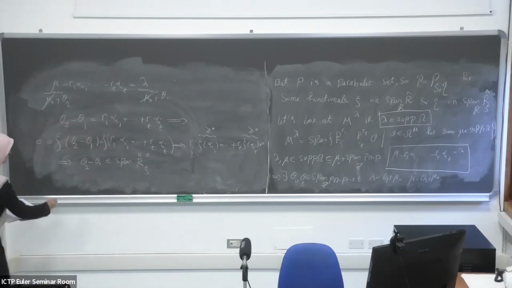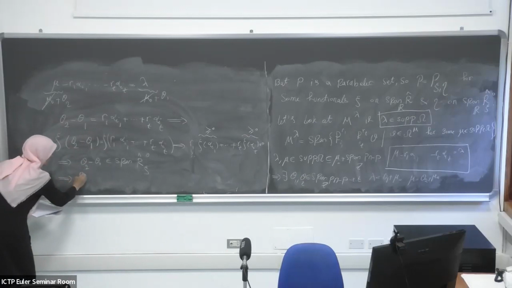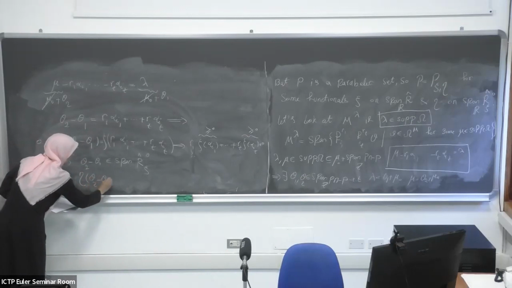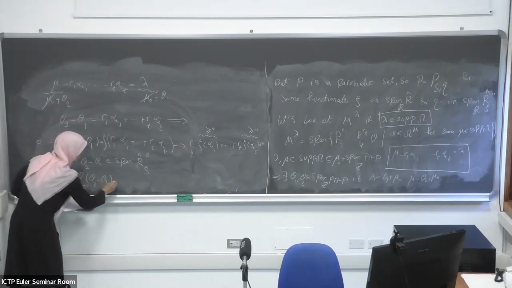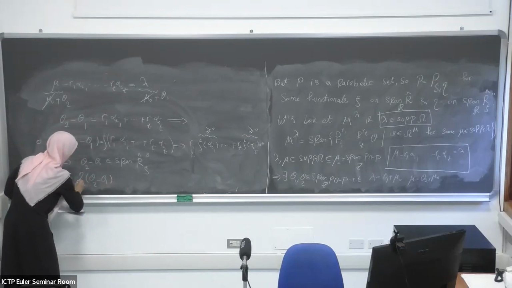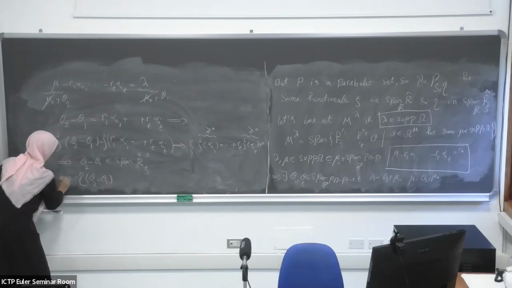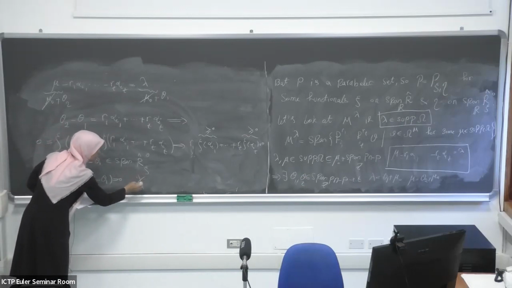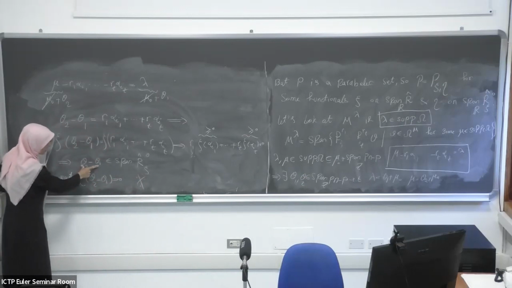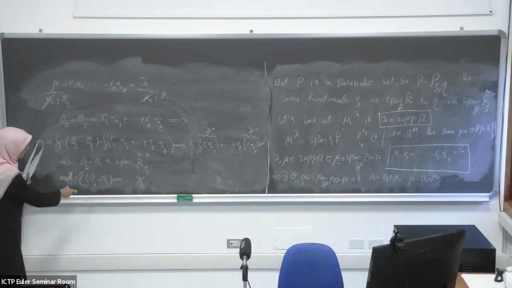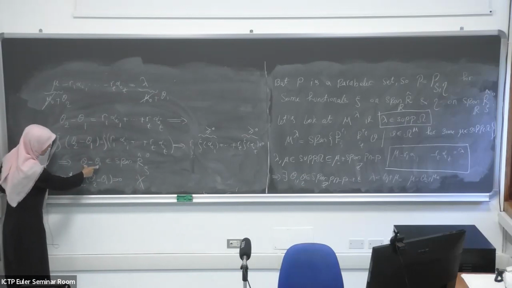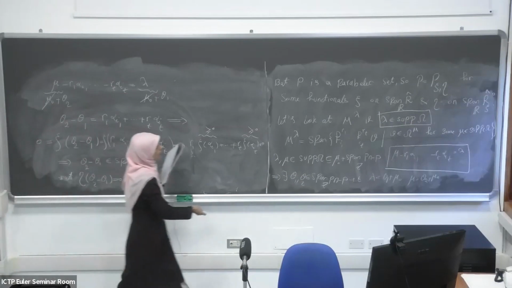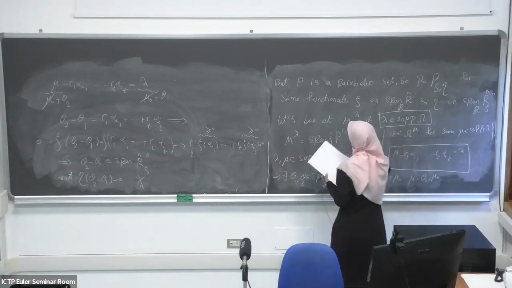But if we apply eta, as it is 0, we get a contradiction because this part is 0, but that part is not 0. This part is 0, but the elements of that part are the elements of this part.